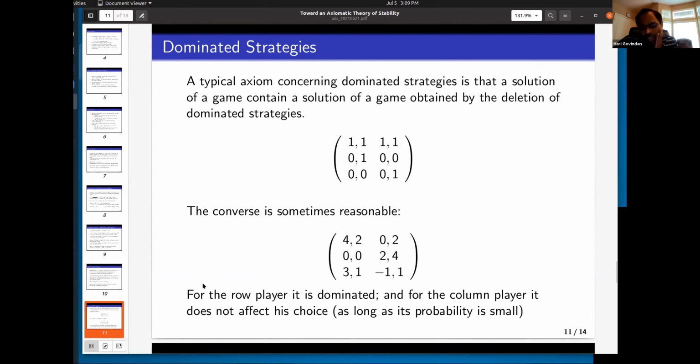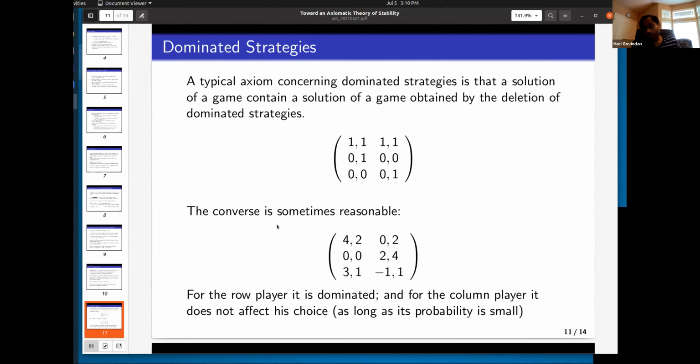It talks about dominated strategies. Kohlberg and Mertens have a beautiful argument in the paper about deletion of dominated strategies: if you delete dominated strategies, then the solutions of the two games should be related. But they also have an argument that says that it may not be that reasonable to go the other way. In other words, this is not symmetric: if you add strategies, somehow these two games are different, and they attribute an argument, I think, to Francois Fauche.